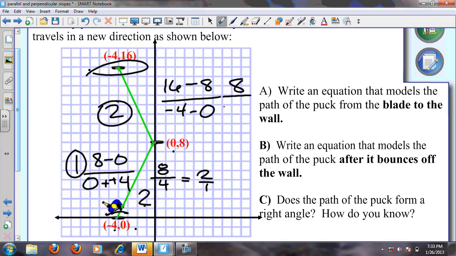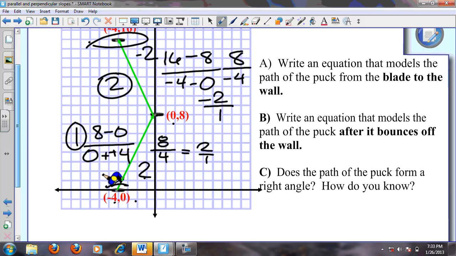Negative 4 minus 0 is negative 4. 8 over negative 4 is negative 2 over 1, so the slope is negative 2. Does the path form a right angle?